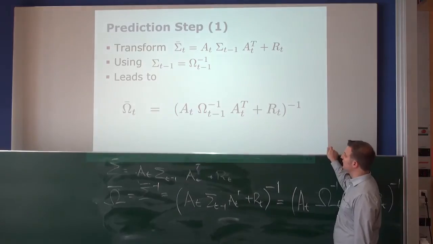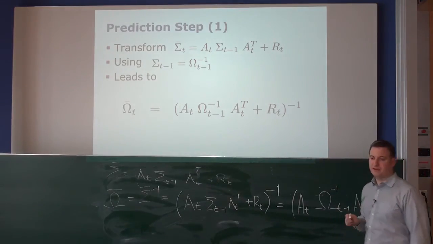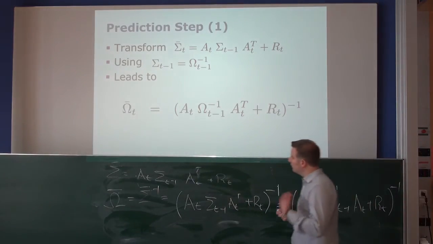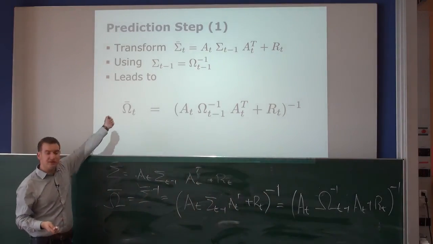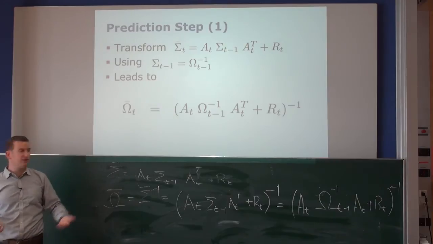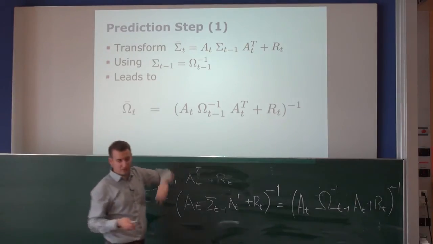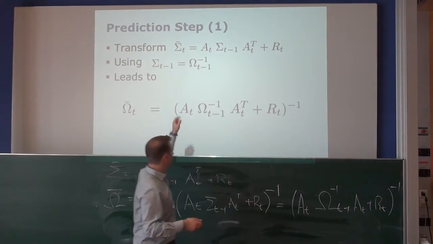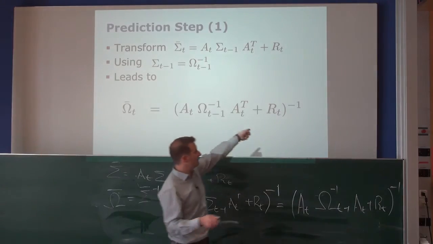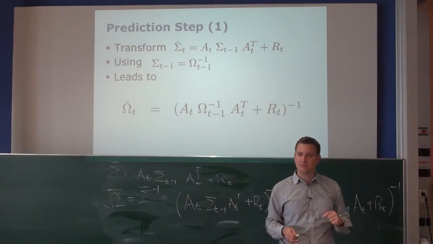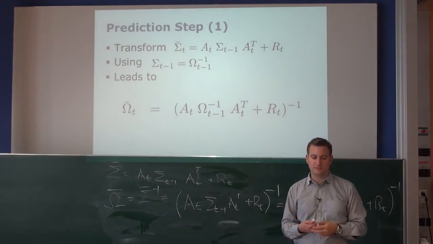So, and that's exactly what we have there. So we can compute the predicted information matrix after the prediction step exactly by these operations here. Again, that's costly. We need to invert our information matrix to do that, and we need to invert the resulting expression here. So it's a costly operation.